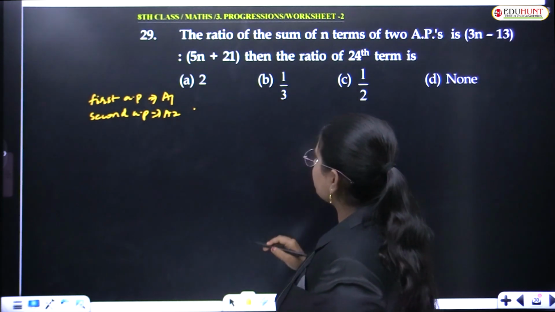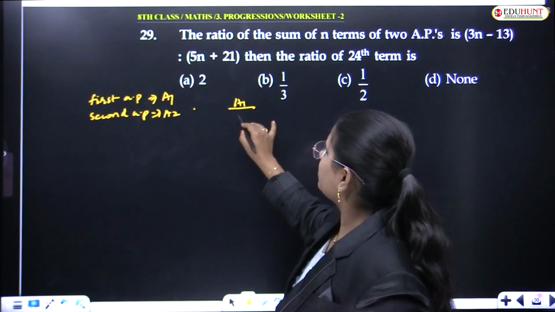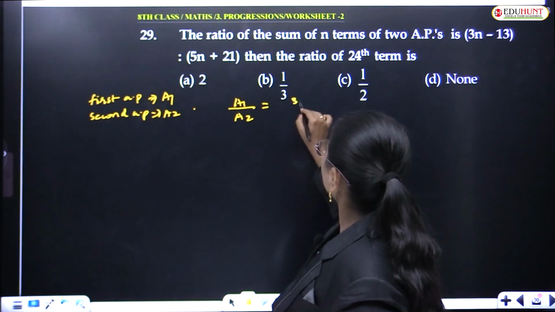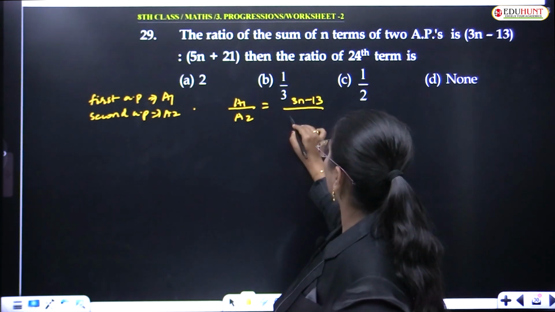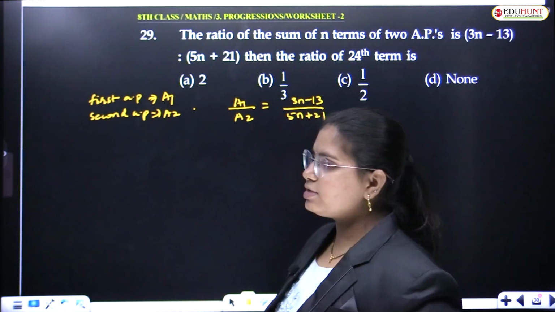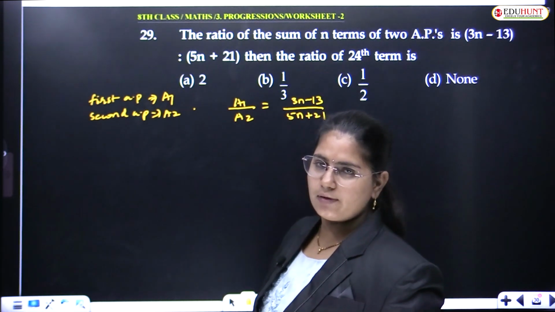So what is given? They gave A1 by A2 is equal to 3n minus 13 upon 5n plus 21. So this is the ratio of the two APs you have.